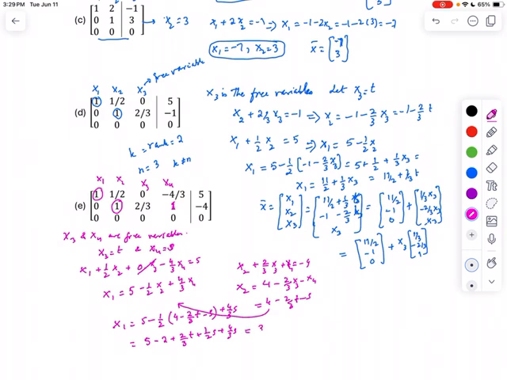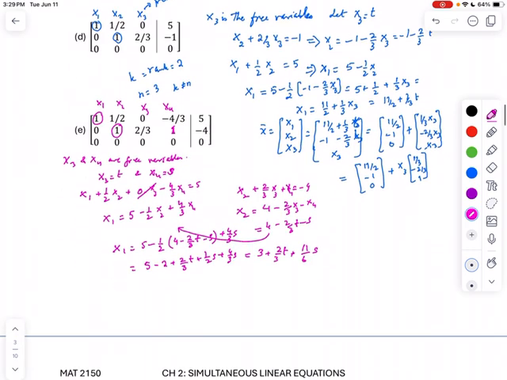So it gives me x1 equals 5 minus 2 is 3, 3 plus 2 over 3 t plus 11 over 6 s.